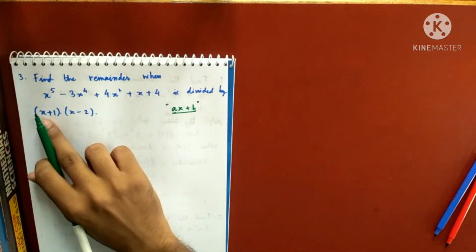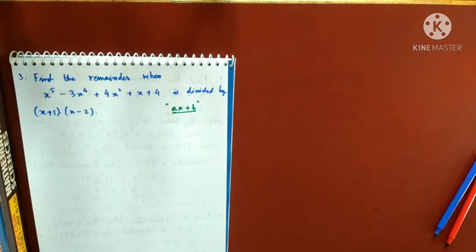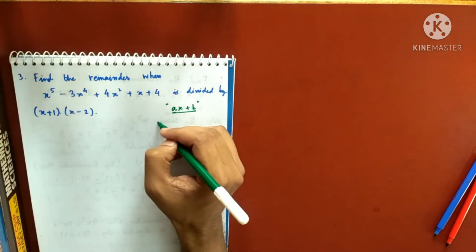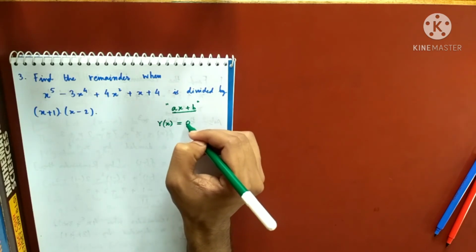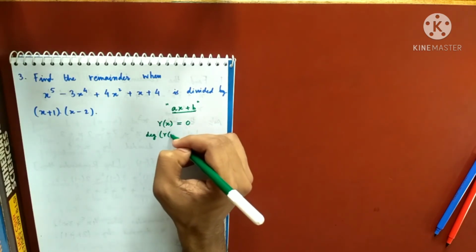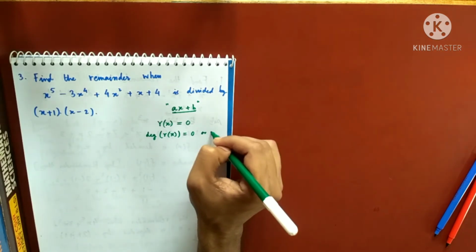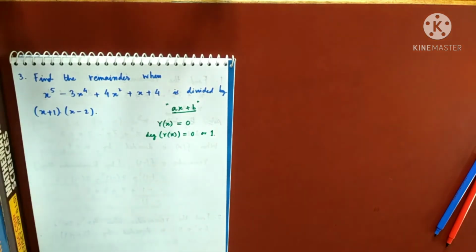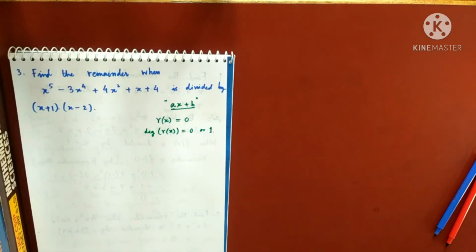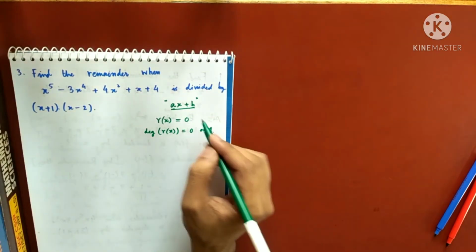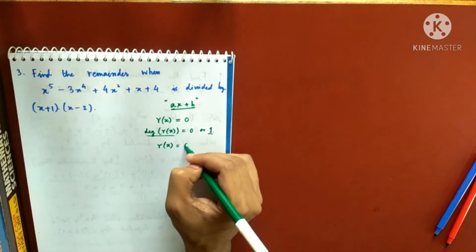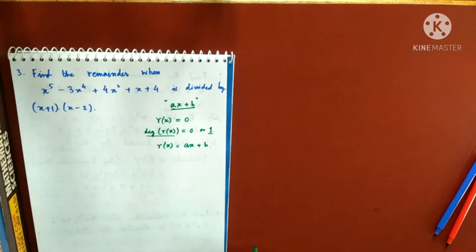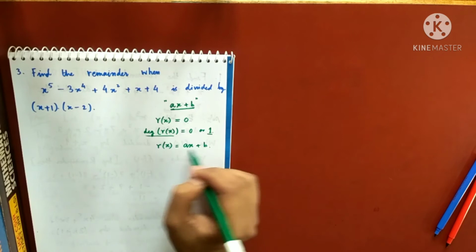See, the divisor is a polynomial of degree 2. So by the division algorithm, the remainder is either 0 or the degree of the remainder is going to be 0 or 1. It will not exceed the degree of the divisor. So when the degree of Rx is 1, I may assume that the remainder is Ax plus b, because any polynomial of degree 1 will look like this.